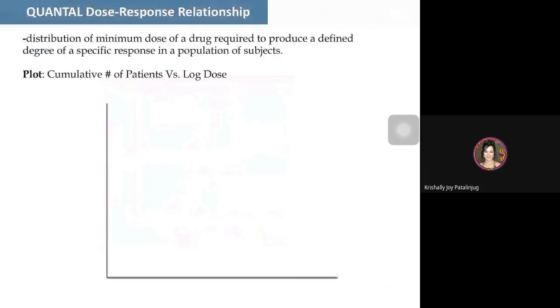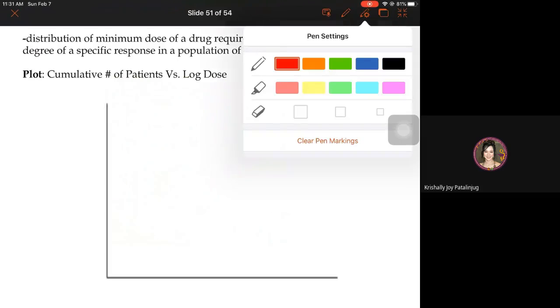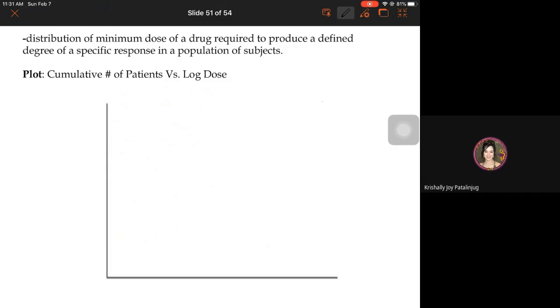This time, let us proceed to the quantal dose-response relationship. This particularly describes the distribution. By definition, this is the distribution of the minimum dose of a drug required to produce a defined degree of a specific response in a population of subjects.